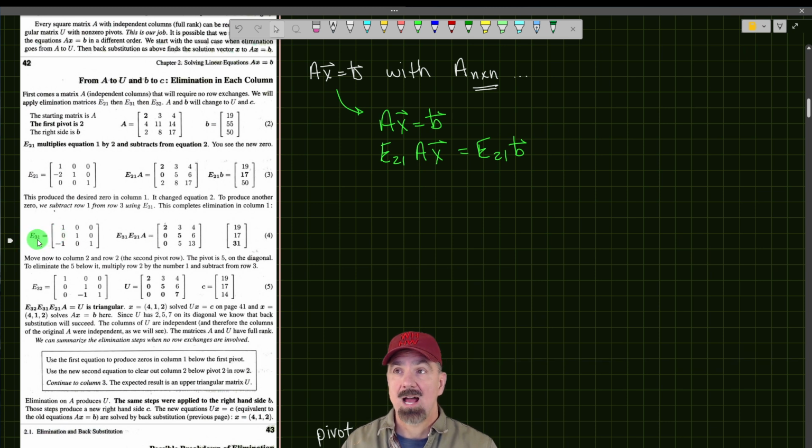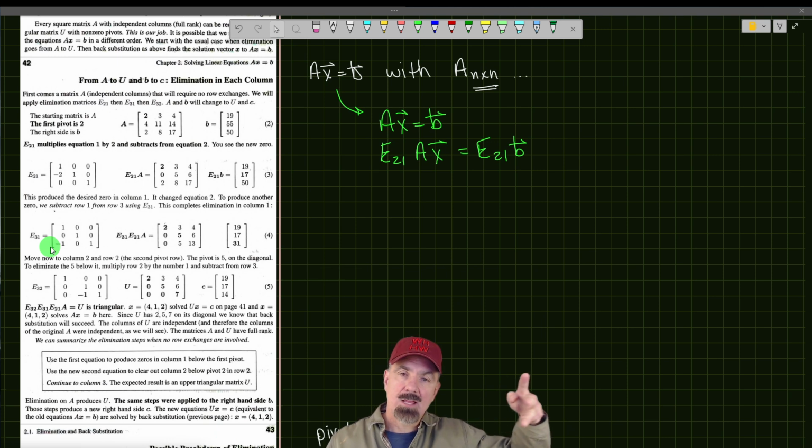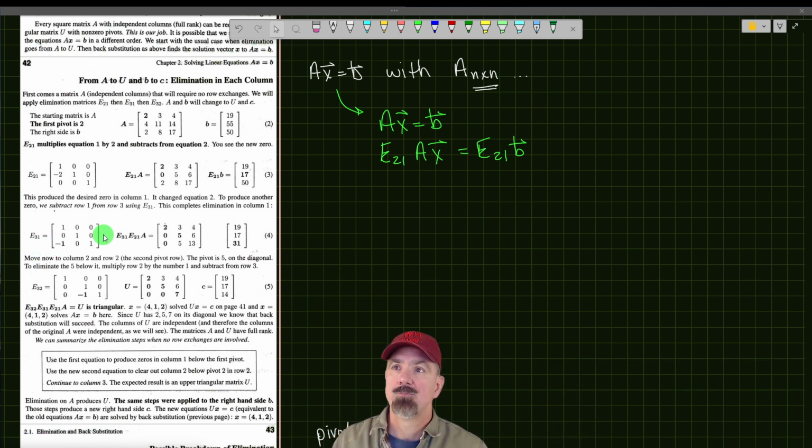Then he's going to apply E31. As we discussed previously, this is easy to see if we think about taking this row and sweeping it through the rows of the matrix on the right-hand side.